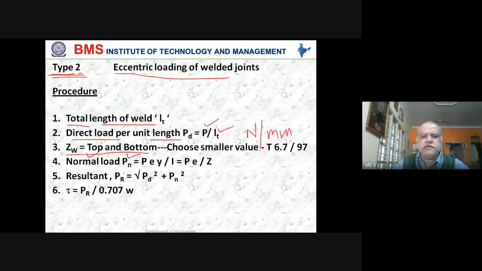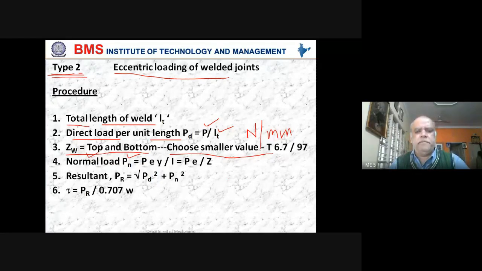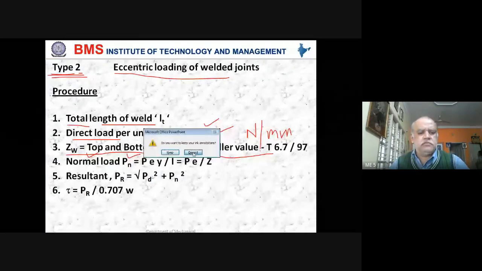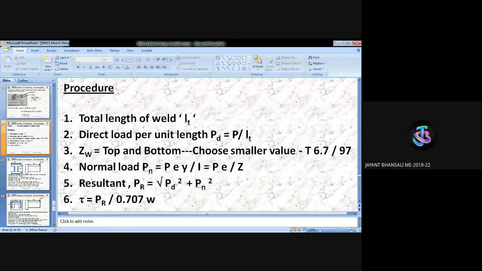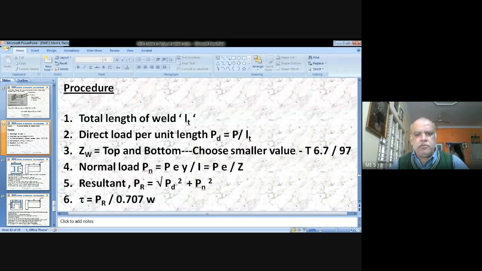Go to table 6.7. Please go to table 6.7. Are you there in table 6.7? Yes, sir. I'll just open that.